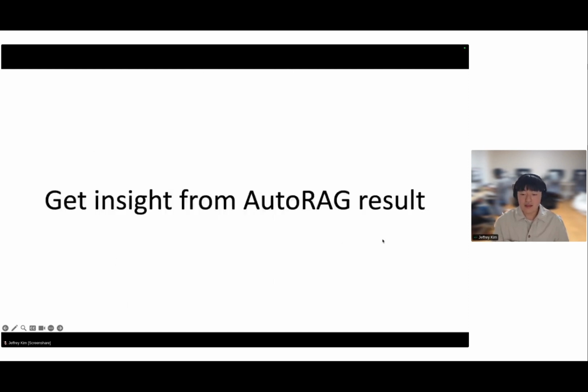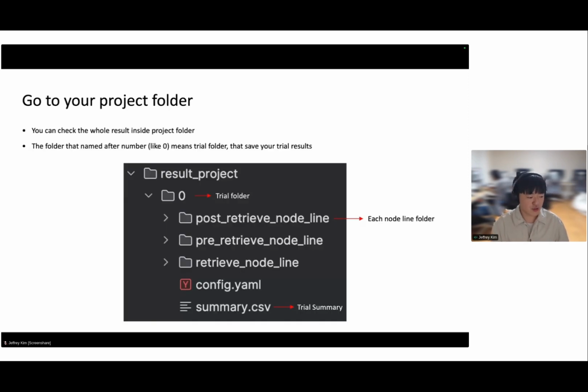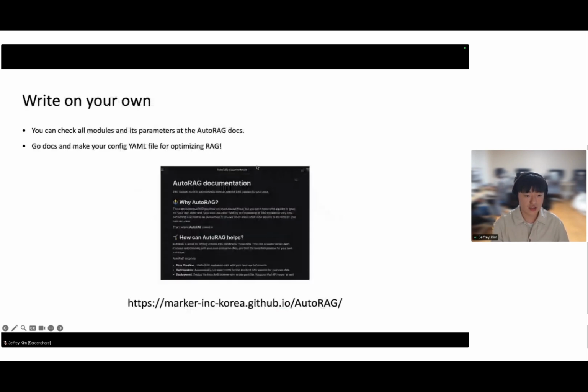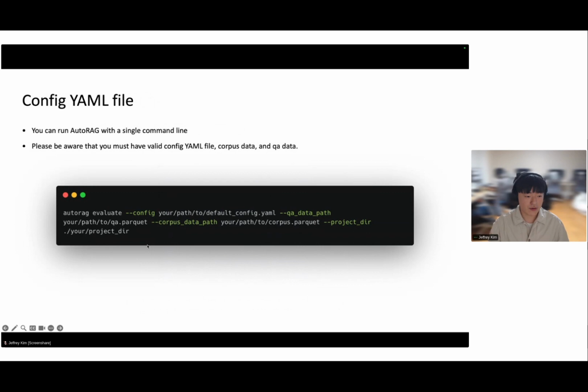So the last section is how to get insight from AutoRAG results. At first, I want to show you what AutoRAG results look like. When you complete your benchmark, you can see these kinds of files. And this result project is the project directory, as I mentioned.